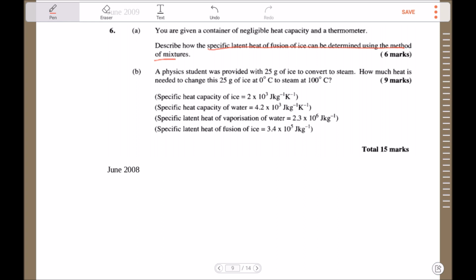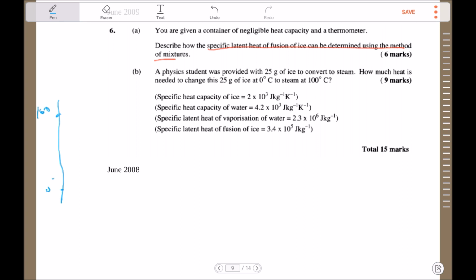Now part B. A physics student was provided with 25 grams of ice to convert to steam. How much heat is needed to change this 25 grams of ice at 0 degrees Celsius to steam at 100 degrees Celsius? So let's draw a map of it. Looks like this. Say 100 degrees there, 0 degrees here.